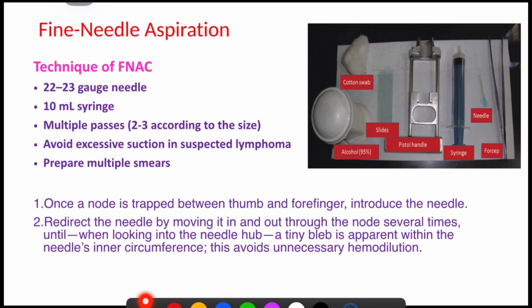Now redirect the needle by moving it in, out and through the node several times until, when looking into the needle hub, a tiny bleb is apparent within the needle's inner circumference. So, hemodilution is avoided with this step.